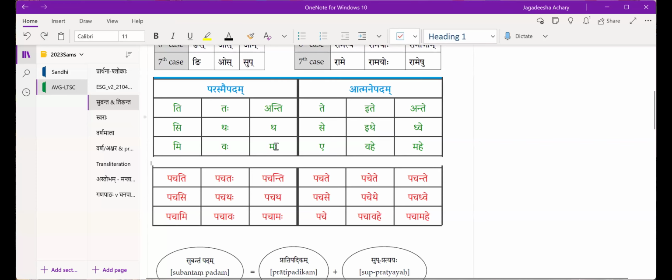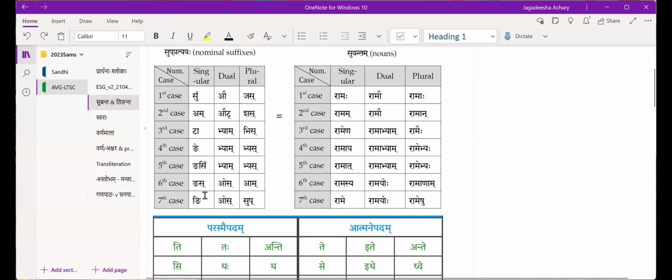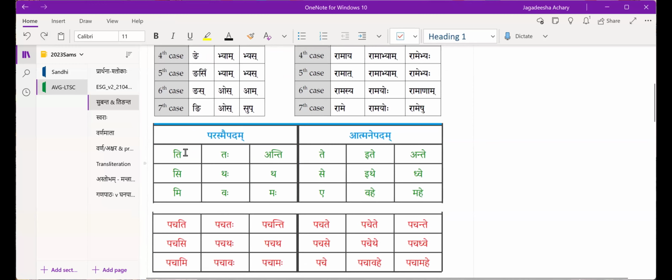Okay, so there are ting pratyayas, just like sup pratyayas. There are ting pratyayas, which go like tip, tas, jhi, and that is what we get for the verb words. Suppose there is the pach dhatu.